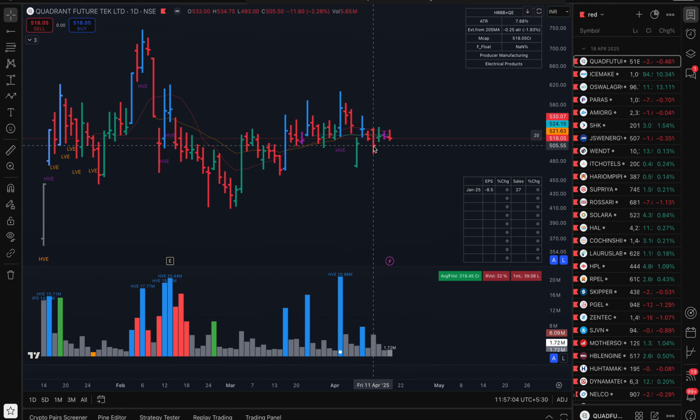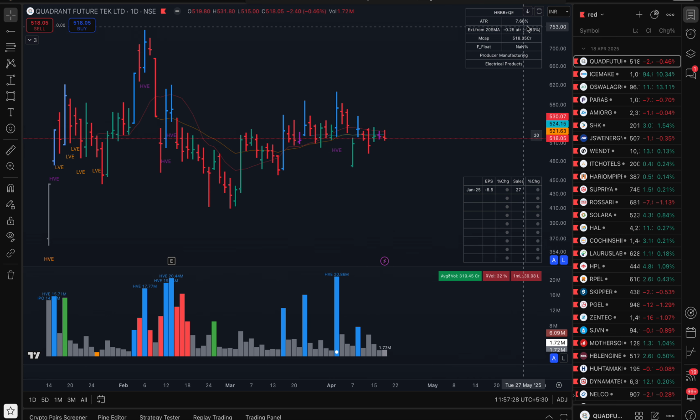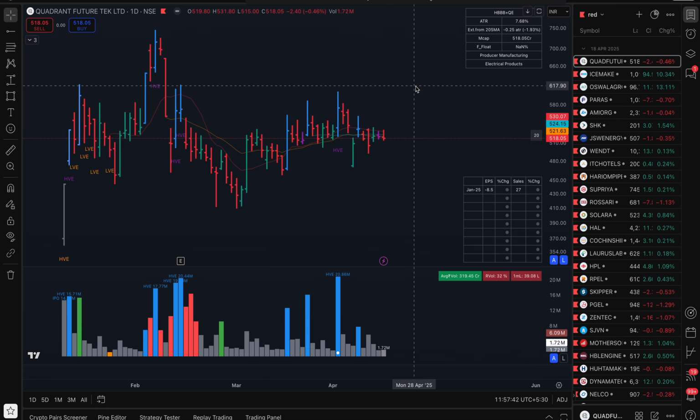It might look like a slightly less tight name, but if you look at the range of the last 5 candles, it's about 7.8. Even the last 3 candles, it's below 7. Now below 7 looks high, but if you look at the ATR of the stock, which is 7.6, it means that it is actually tight right now. So that's why this is in the list.